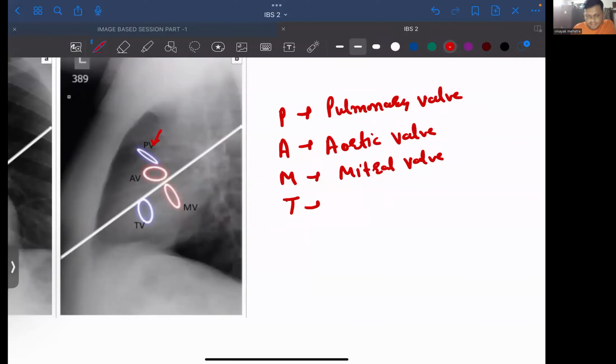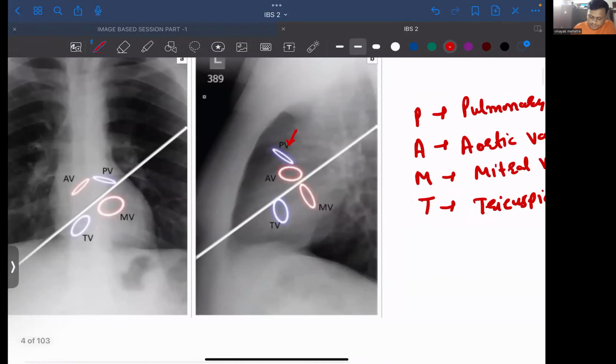Lateral x-ray can come as well, and actually this one came, right? Topmost is pulmonary, second in the line is aortic, third in the line is mitral, fourth in the line is tricuspid. You have to remember this.